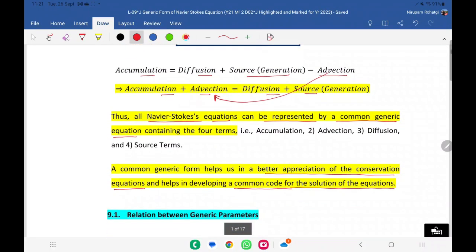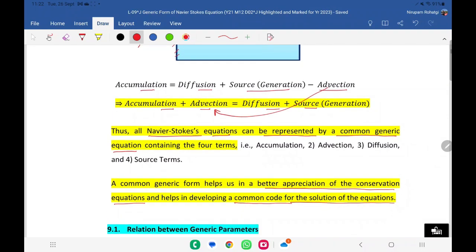So now what we are going to do is show all the equations in terms of these four quantities. At the end of this article, you will find that all the four equations can be written like this. So we will know which is the accumulation term, which is the advection term, which is the diffusion term, and which is the source term.